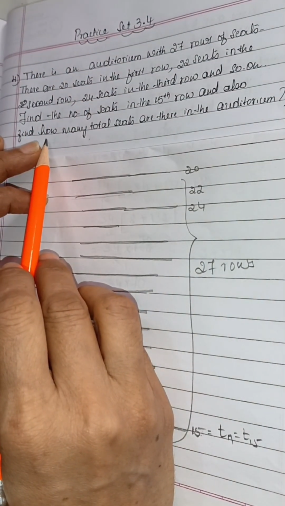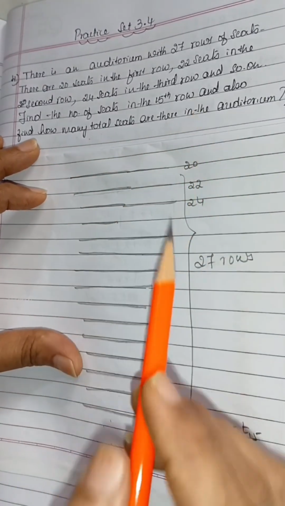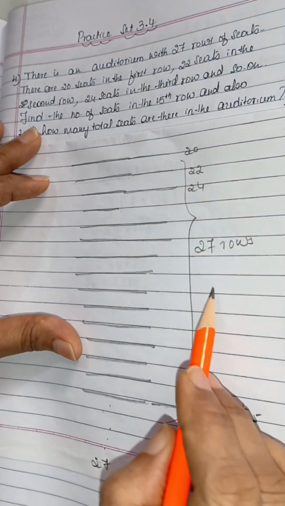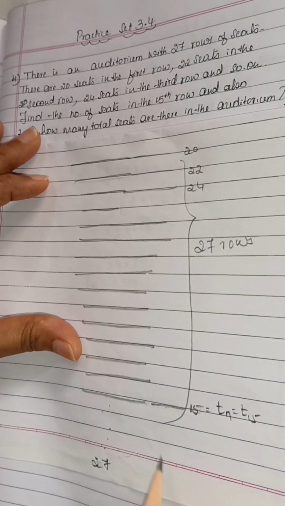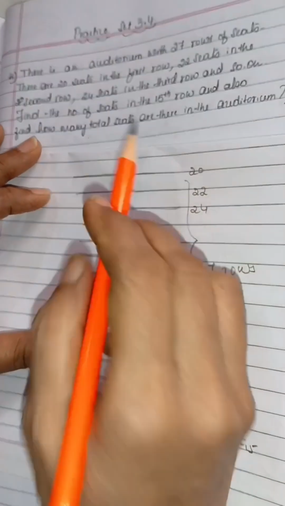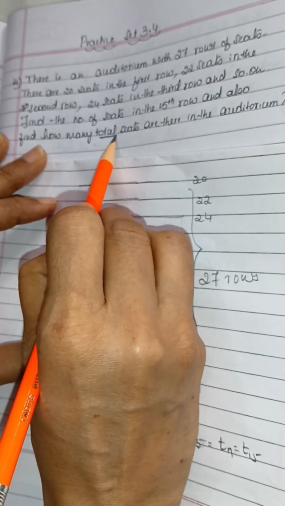Also, there is another question: how many total seats are there in the auditorium? There are 27 rows, and we have to find the total seats in the auditorium. That is Sn, because total means Sn.